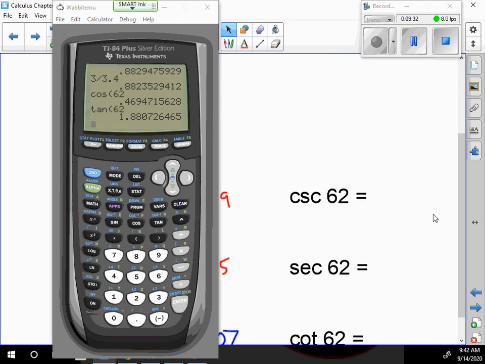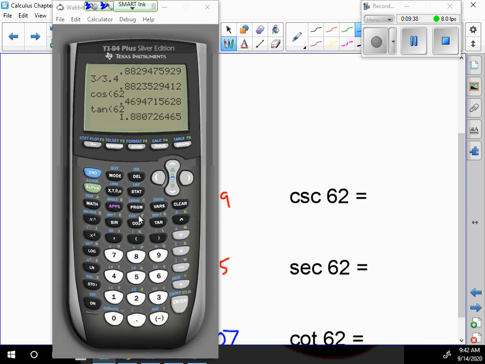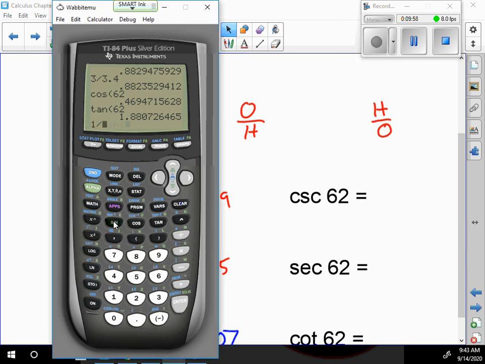Let's try cosecant of 62. Where's my button on the calculator for that? Yeah, you're going to find there is no button for cosecant. However, remember it's the reciprocal. Sine is opposite over hypotenuse. Cosecant is hypotenuse over opposite. So one way that we can do this is we can do 1 over the sine of 62. By doing it this way, it gives us the reciprocal.